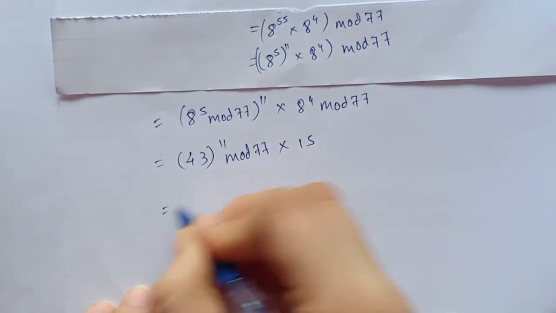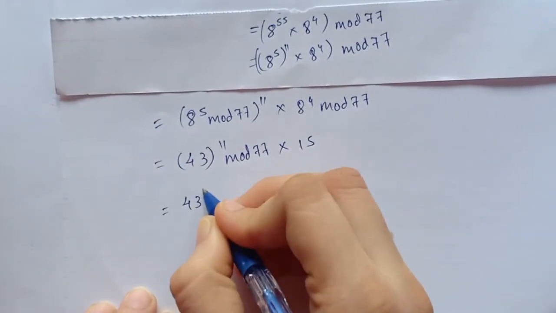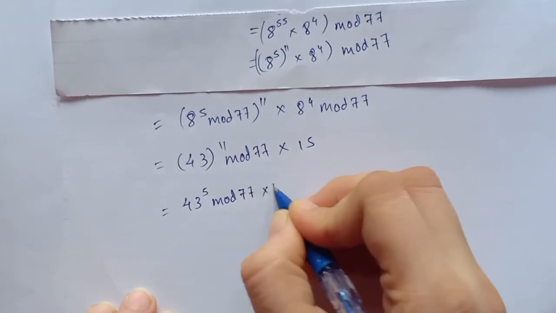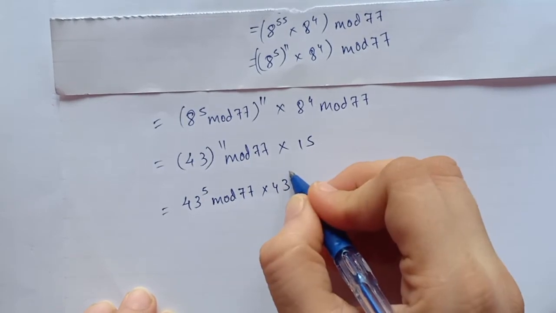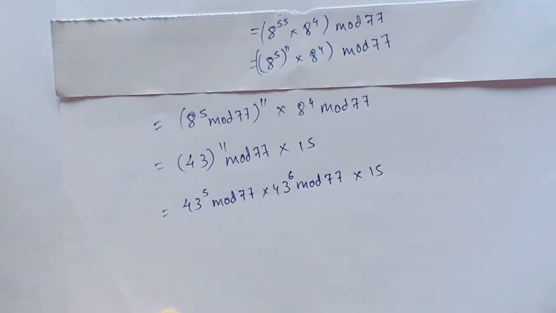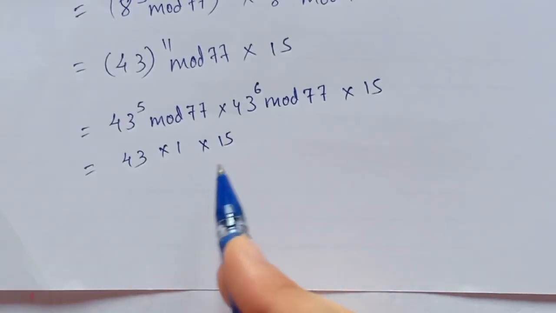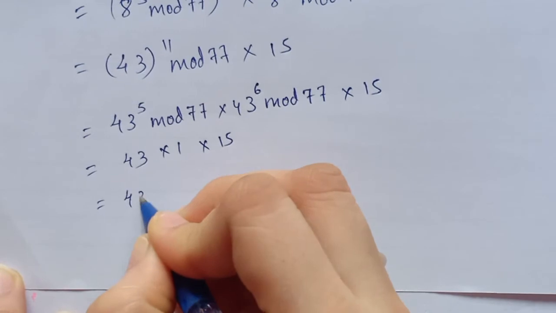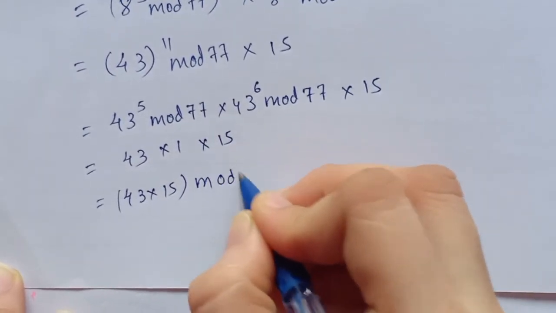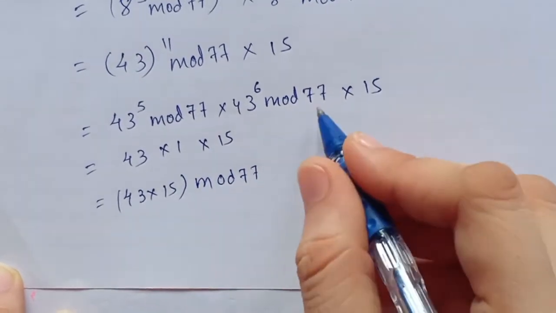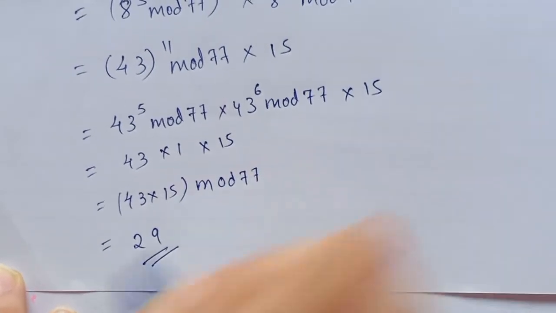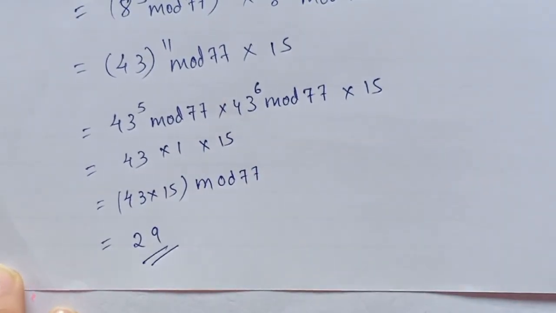For this again we can split 43 raised to 5 mod 77 into 43 raised to 6 mod 77 into 15. So here we get 43 into 15. Again we write mod 77 because this number will be bigger than 77. So we get the answer as 29. So the result is 29.